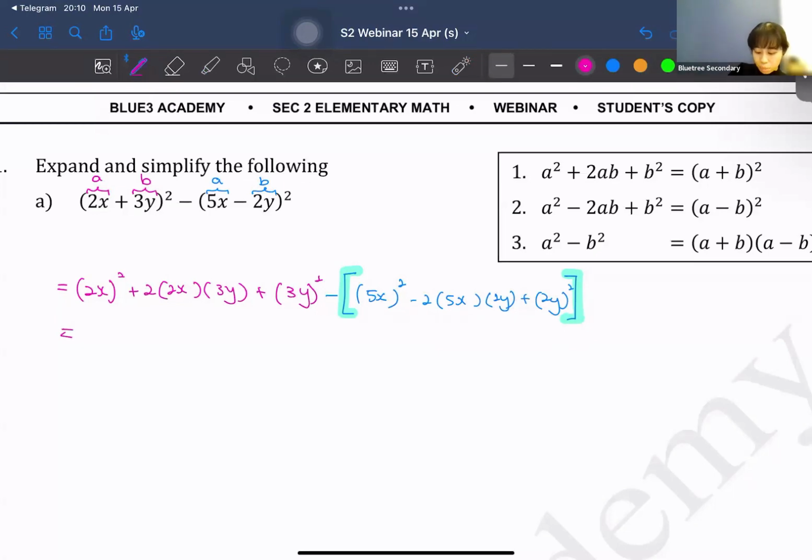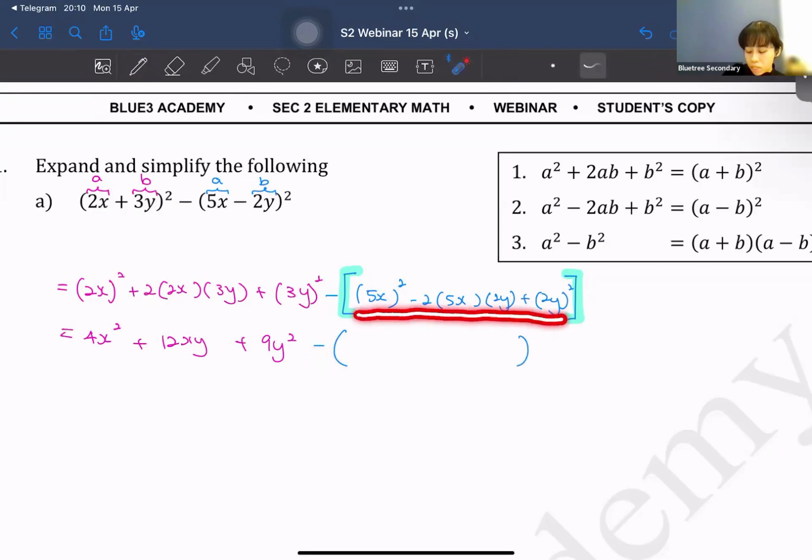Okay, so now I'm going to expand out the entire expression to get 4x squared plus 12xy plus 9y squared. For the back part, I'm going to expand out first. And I'm not going to expand out this negative sign. So I'm going to just simply expand out whatever is inside the bracket first.